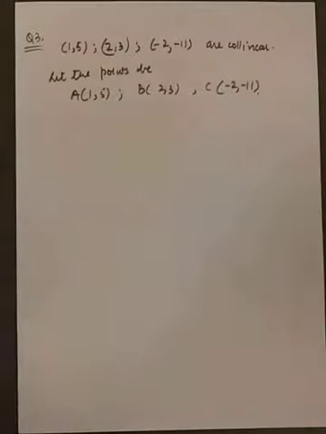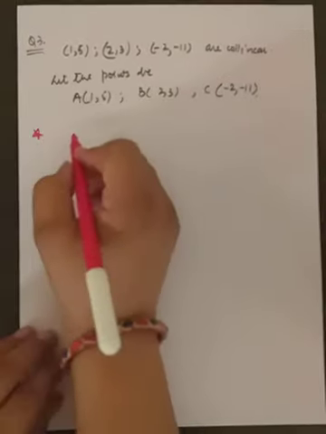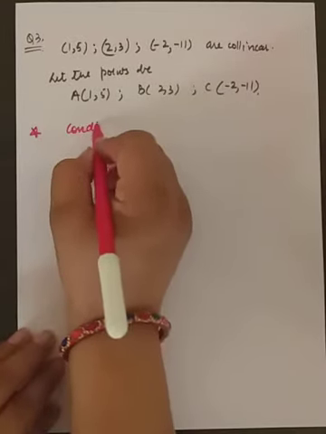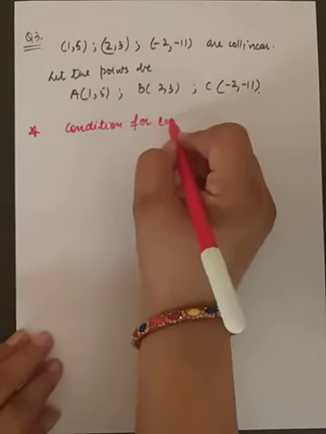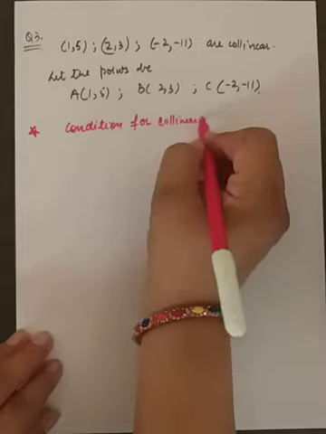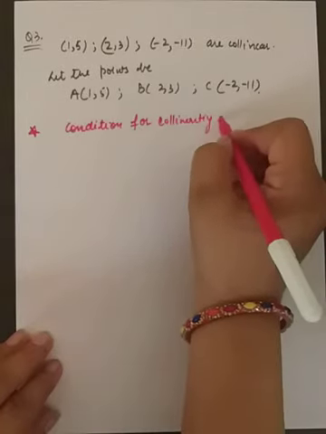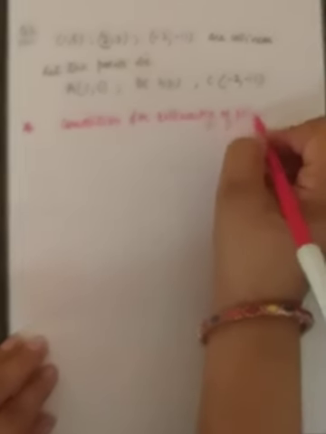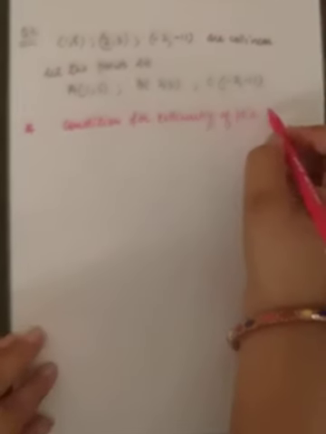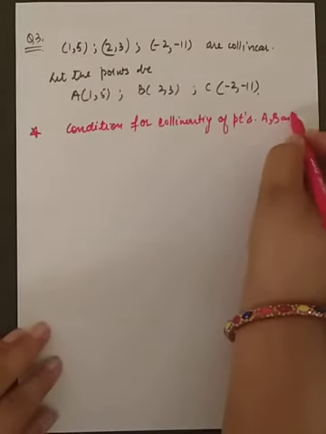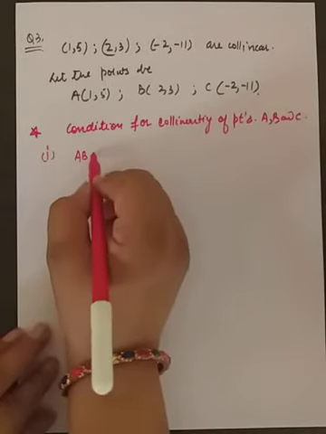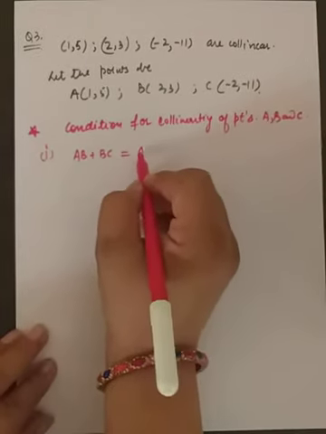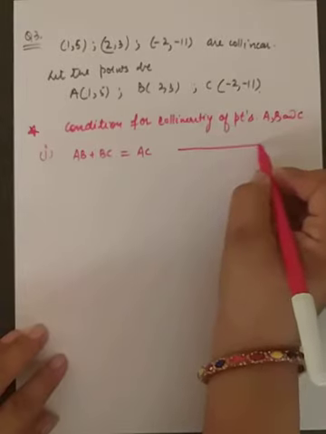Before checking the collinearity, you must know the condition for collinearity. Suppose we are having points A, B and C. The first case is if AB plus BC is equal to AC, then the points are collinear.